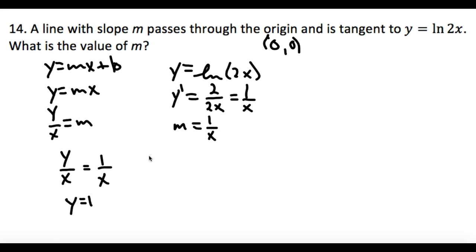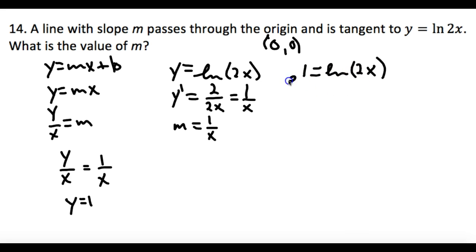Well, if y equals 1, I can go back to my original equation to figure out what x is going to be. So 1 is equal to the natural log of 2x. Now to solve something like this, we want to raise both sides to whatever our base is. So this is log base e.